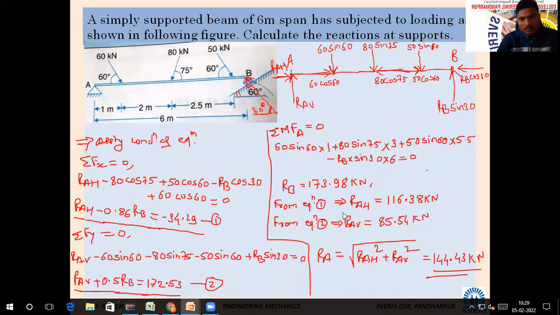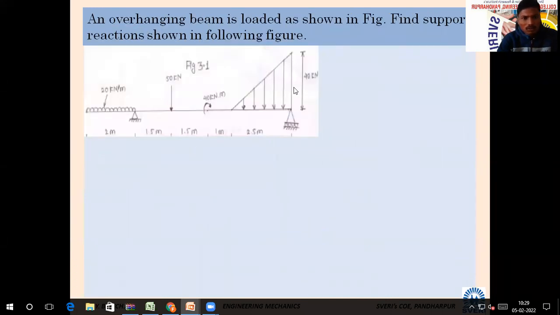Yes, sir. See this. Just see. Mayuri Patil is there, roll number 31. Yes, sir. Mayuri, one message I have sent yesterday regarding email. Have you got it? Yes, sir.